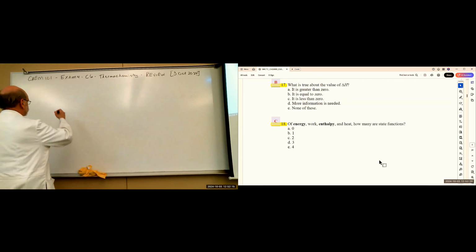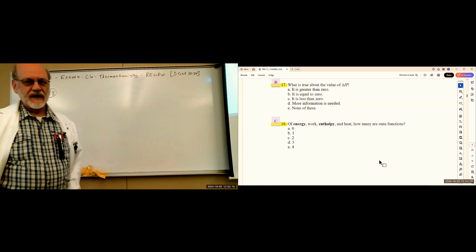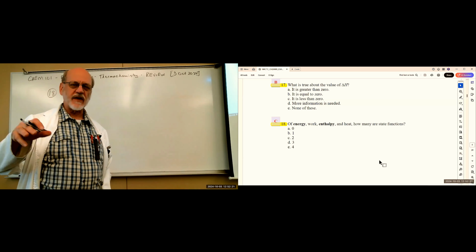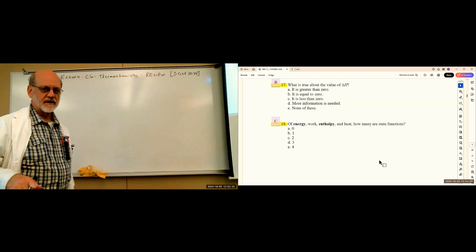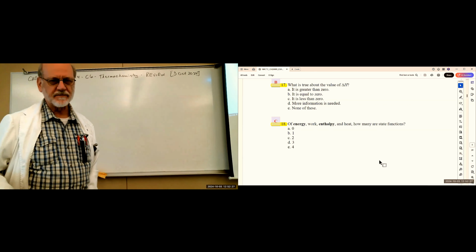Okay, 18. Of energy, work, enthalpy, and heat, how many are state functions? Oh, I accidentally left the state functions bolded. Energy is a state function and enthalpy is a state function.